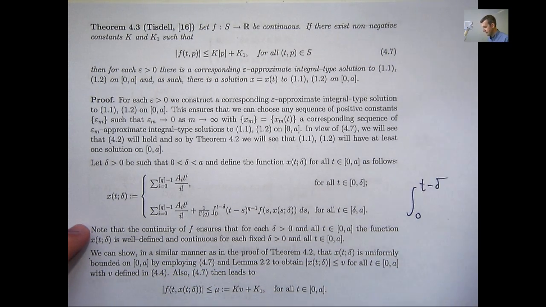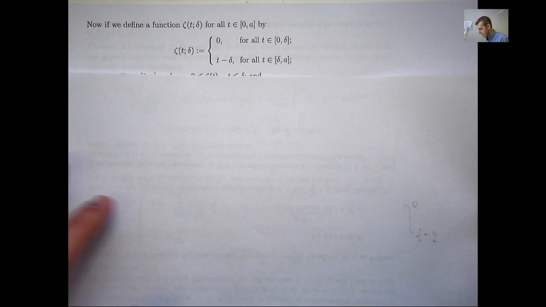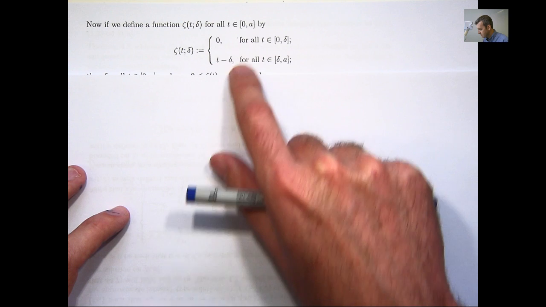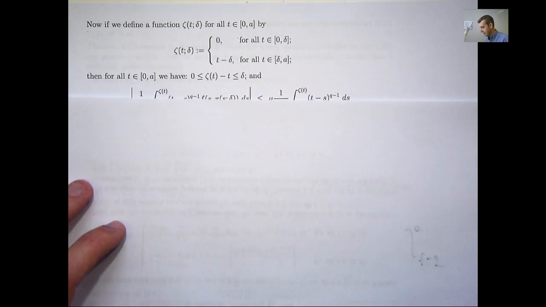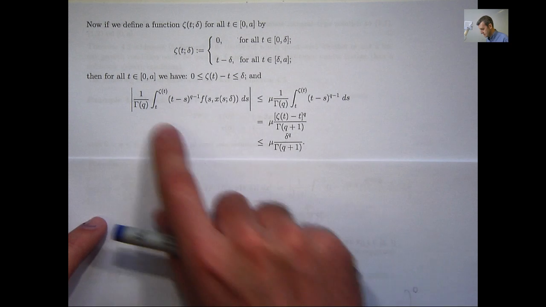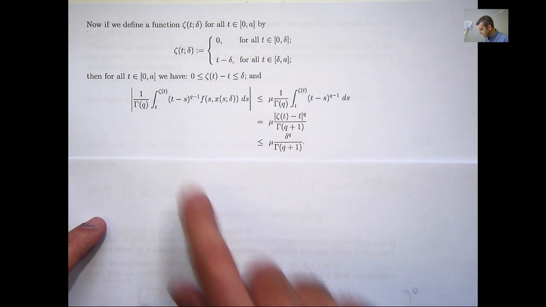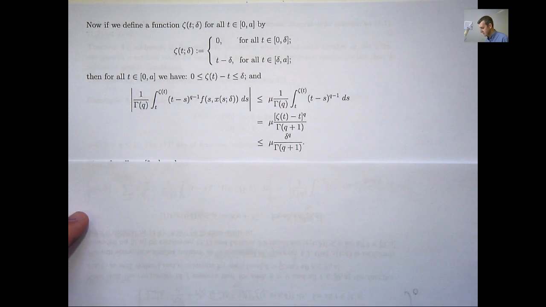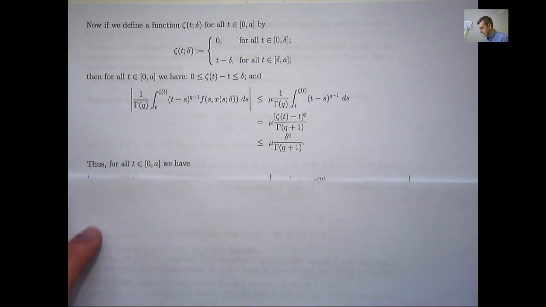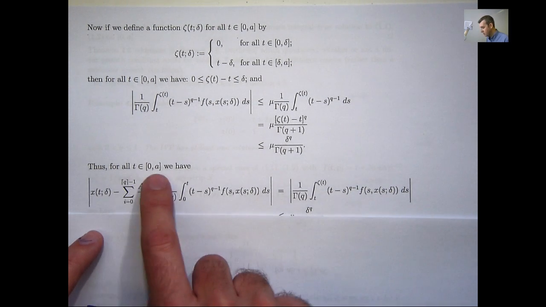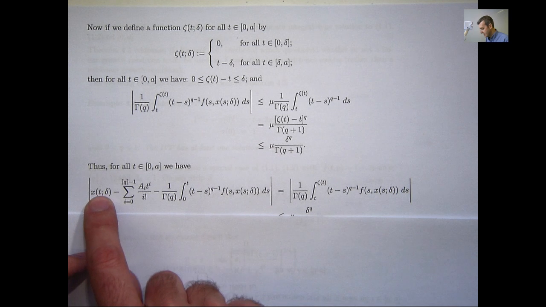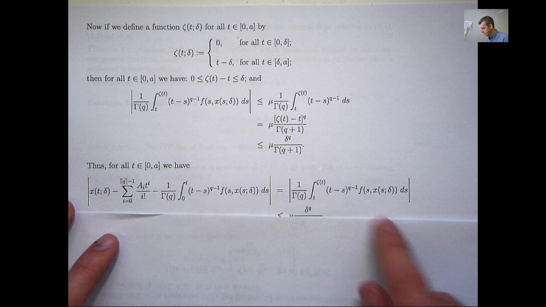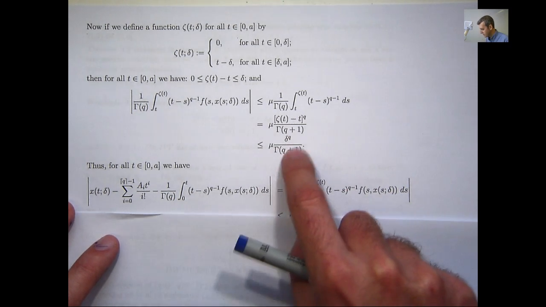So we have this sort of bound mu, and if we define this function zeta on our interval by this, then we have the following, and this function here is bounded by this constant. Okay, so for all t in our interval, this minus this is just the following, and I know that I can make this less than or equal to what's up here.